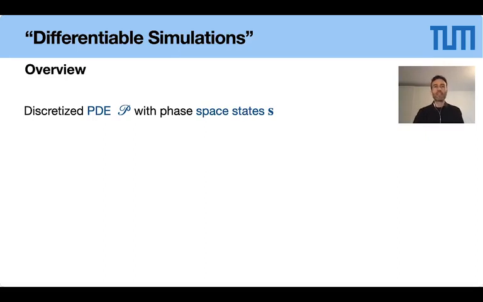And now the key quantity, in line with the previous chapters, is that from this PDE description we can get a gradient. So given some input of P, we'd like to be able to compute the derivative with respect to S, telling us how we need to change the input of our solver such that we get the desired change in the output.